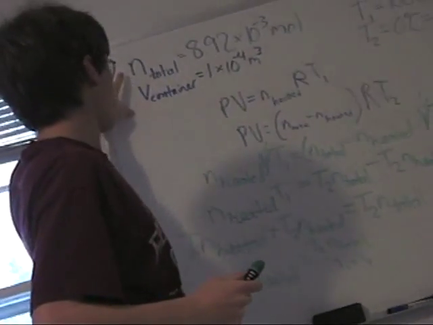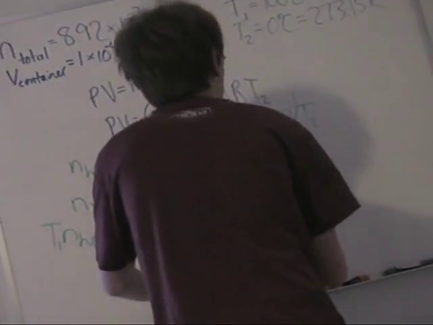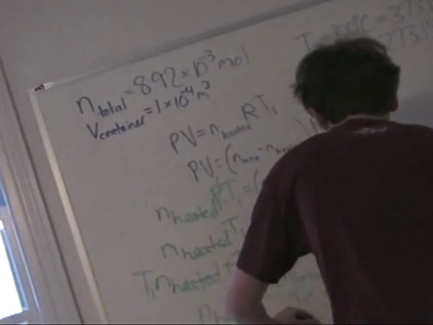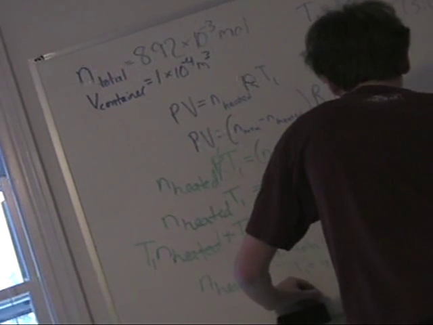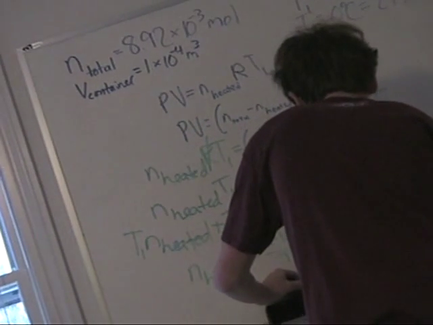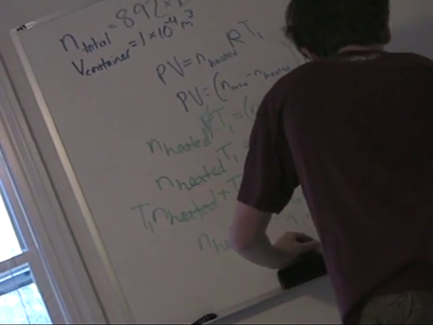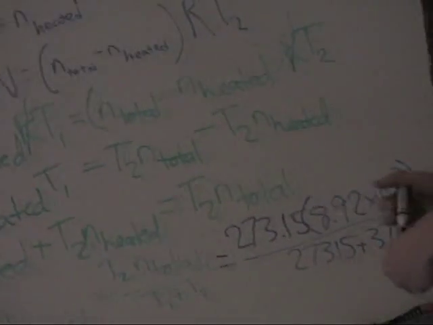Now, we know T1 and T2. We know N total from the original derivation. So we can plug this in to get T2 equals 273.15 Kelvin. N total equals 8.92 times 10 to the negative third moles. And T1 plus T2 equals 273.15 Kelvin plus 373.15 Kelvin. So you can see.